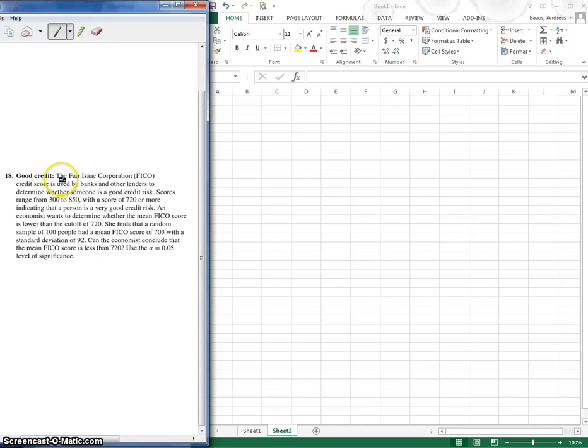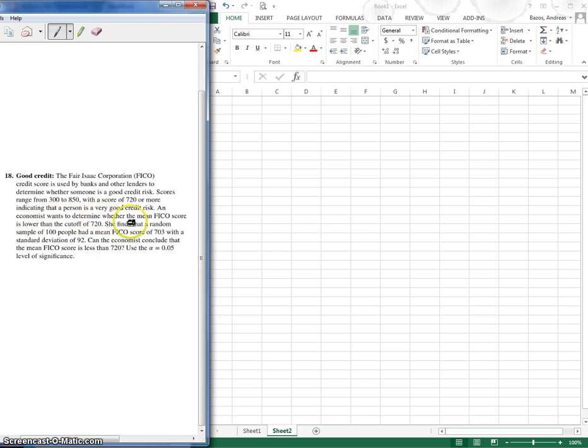So, good credit score. The Fair Isaac Corporation, the FICO credit score, is used by banks and other lenders to determine whether someone is a good credit risk. Scores range from 300 to 850, with a score of 720 or more indicating that a person is a very good credit risk.